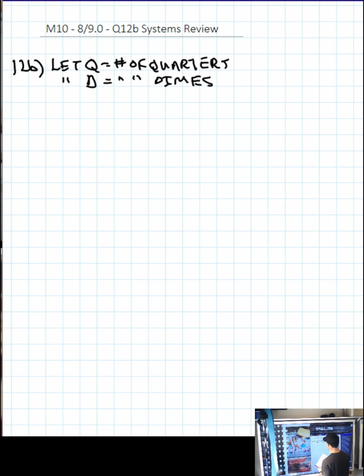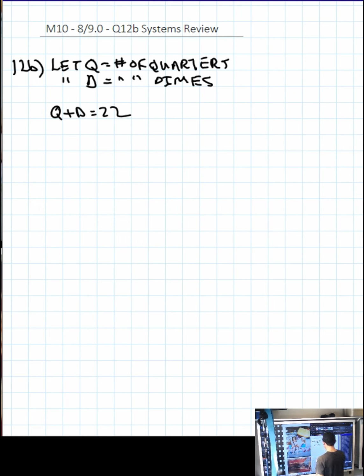Very helpful to write those tick ticks. It's going to make writing a lot less in the future. Okay, so we have 22 coins, so Q plus D equals 22, and they're worth $5.20.